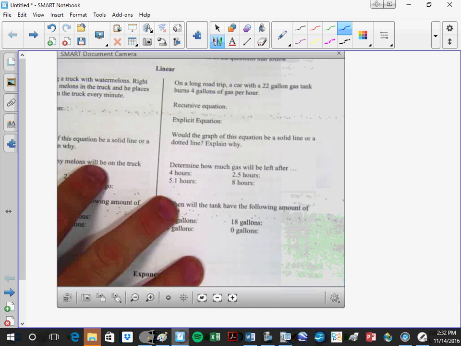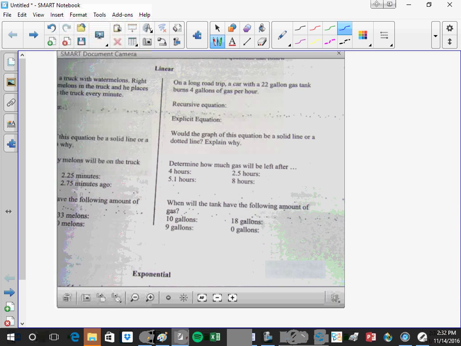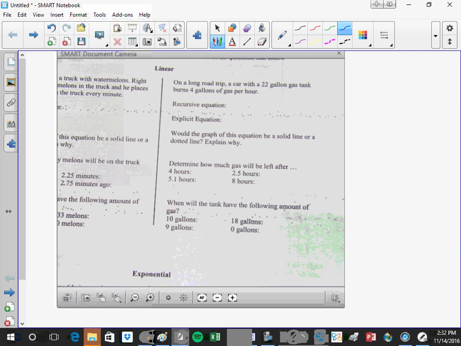On the next problem, on a long road trip, a car with a 22-gallon gas tank burns 4 gallons of gas per hour. Is that going to be a solid line or a dotted line? Solid. So is explicit or recursive better in this case? Explicit is definitely better, is a solid line.